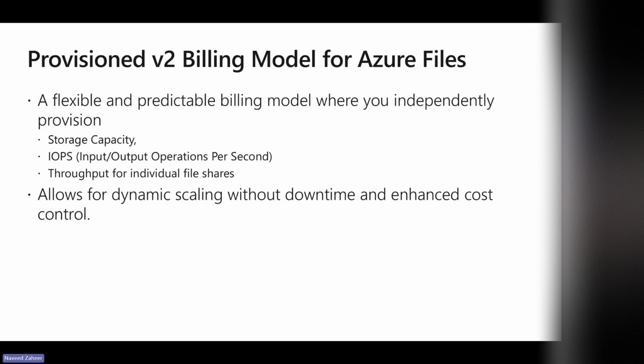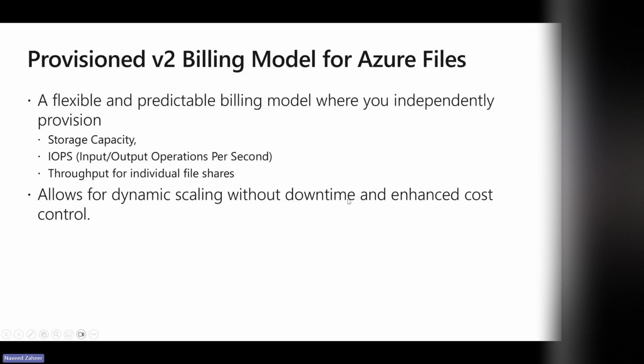You had throughput for the storage account, and then you paid for whatever throughput capacity you were using. Not anymore with this provisioned V2 billing model. You can create file shares which have their own capacity, and the good thing is that you have a kind of dynamic scaling. Let me explain that in a second.